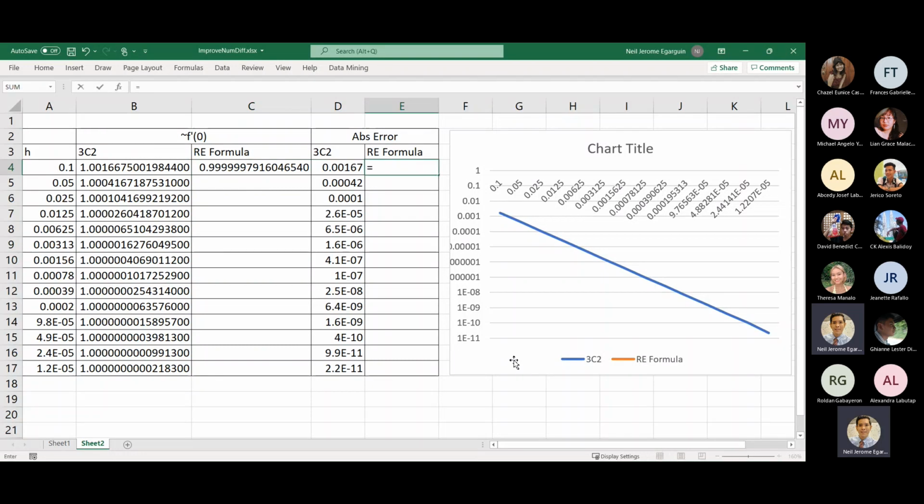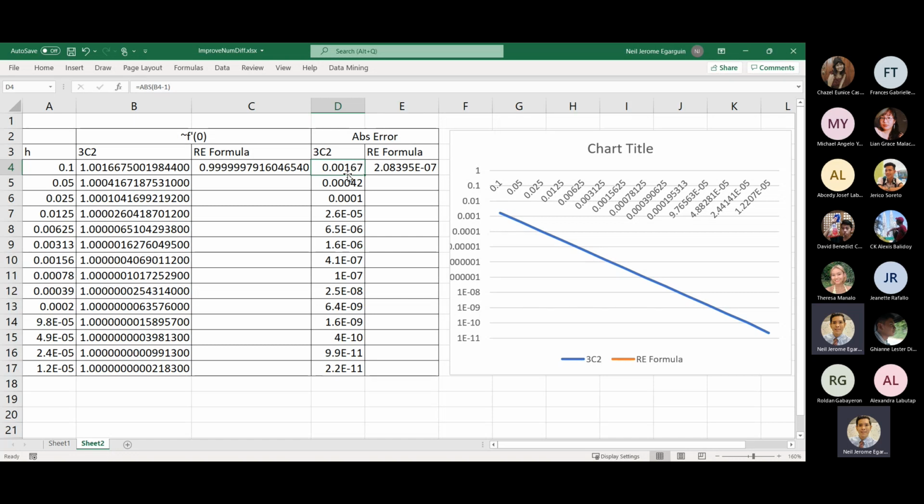And then if we compute the absolute error, the RE estimate minus the actual value, we get an error of just 2.08 times 10 to the negative 7. All right. And that is a very big improvement over what we would have gotten with 2 steps of the normal formula.